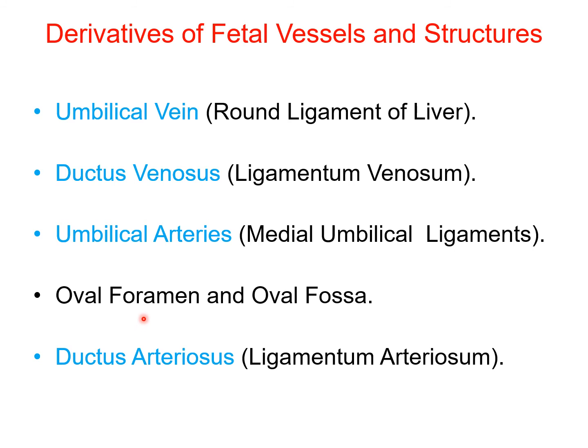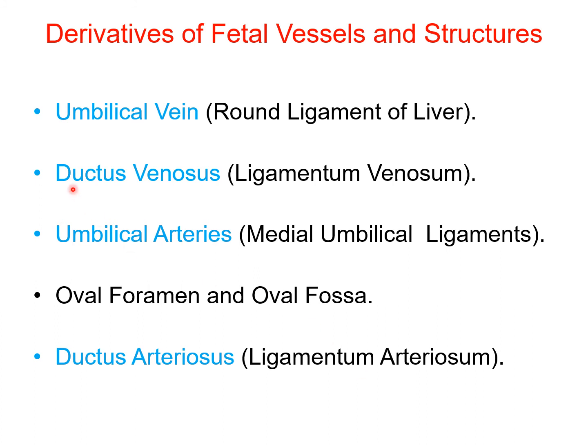And as we have discussed, because of the pressure changes, the foramen ovale closes and becomes the fossa ovalis. So in fetal life it is foramen ovale, and in adult life it is fossa ovalis. And ductus arteriosus also becomes ligamentum arteriosum. So these changes are taking place.